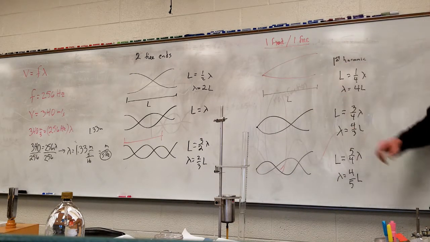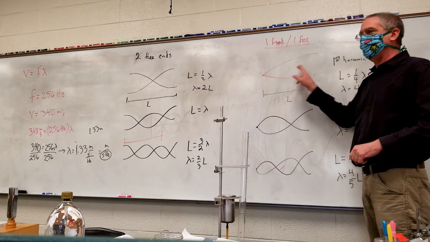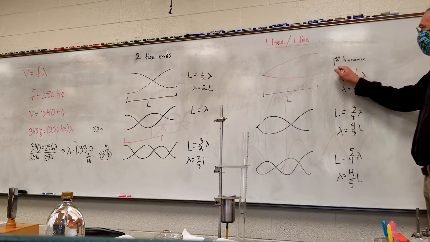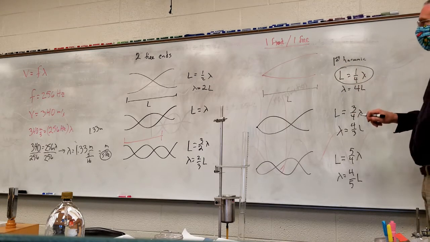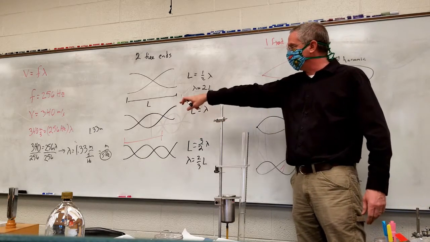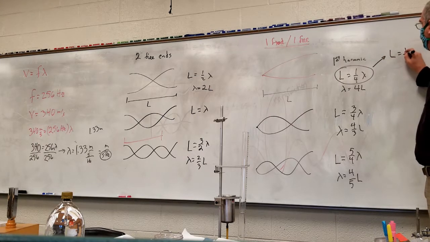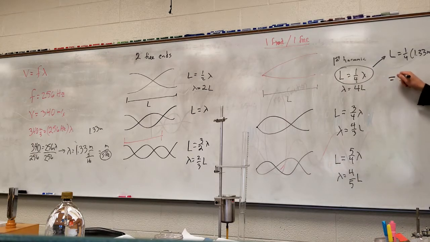So based on what we have over here, the length of my air column, where I get a node at one end and an antinode at the other end, well, that length should be a quarter of the wavelength. And so given that that tuning fork is giving us 1.33 meters, the length would be 1/4 of that, or about 0.33 meters, give or take.